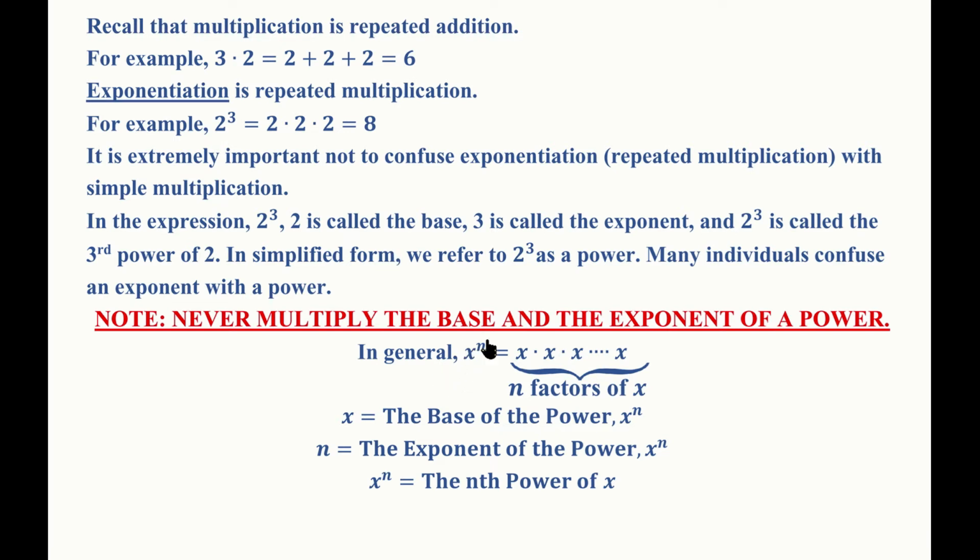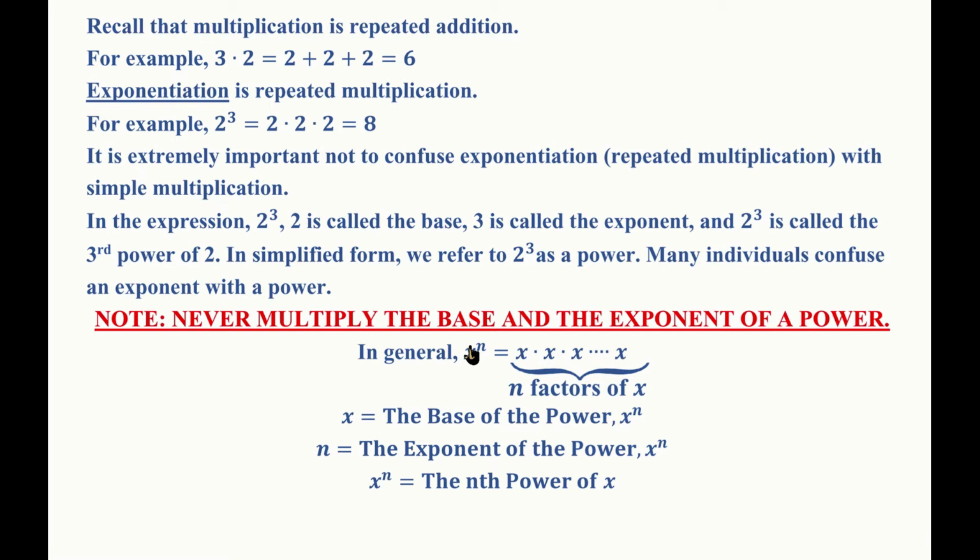Again, if we look at the general format here, we see that x to the n means x times x times x. We continue going till we have exactly n factors of x. So that's what the expression x to the n means.